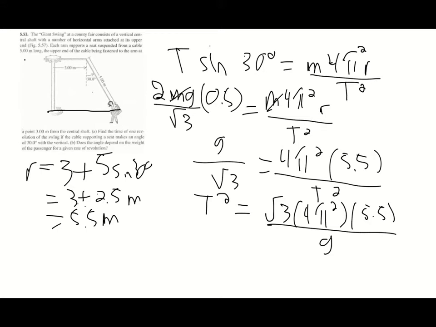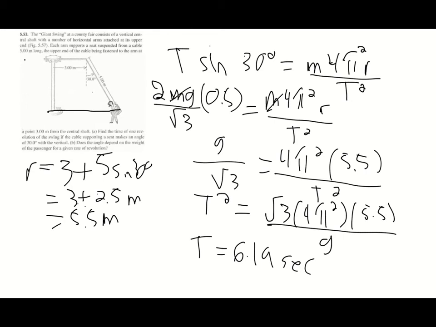I did pi twice by accident, so try it again. 4 times pi squared times 5.5 divided by 9.8. Okay, so 38.2. I take the square root of that. I get 6.19 for the time. Okay. All right, so 6.19 seconds is the amount of time that it took.